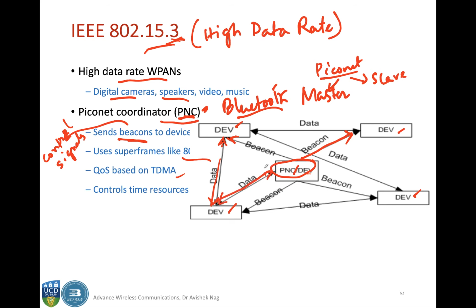So the exchange of data is bidirectional between devices, but the beacons are only unidirectional. As you saw, it only goes from the piconet coordinator to the devices.